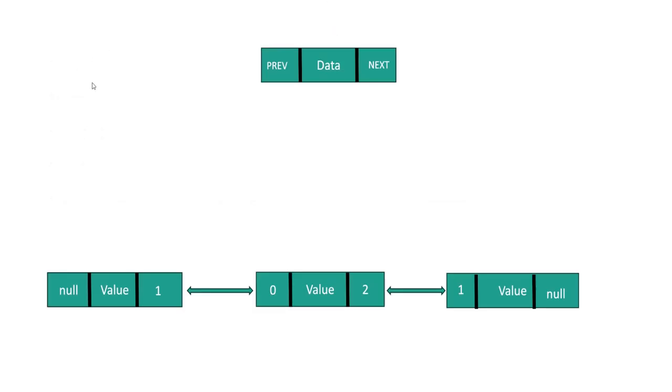So you can see that this is how it stores, or this is how we can refer to the linked list. Why? Because each element in a linked list is known as a node.